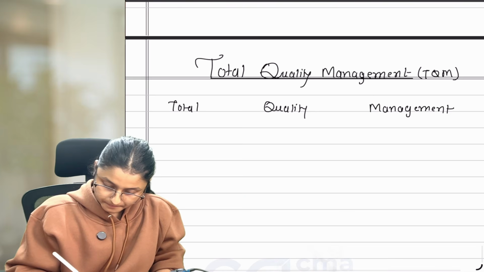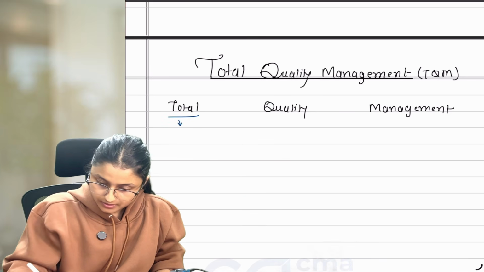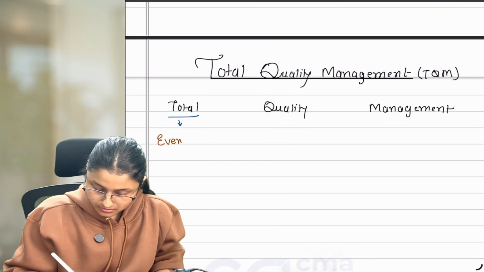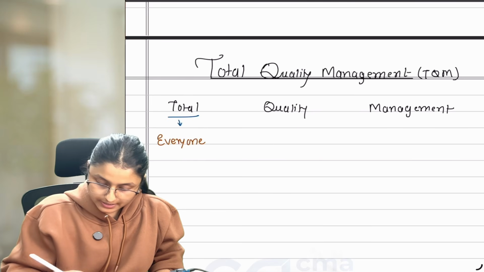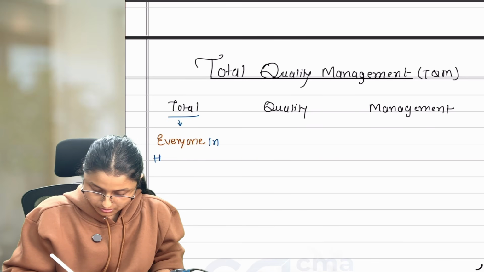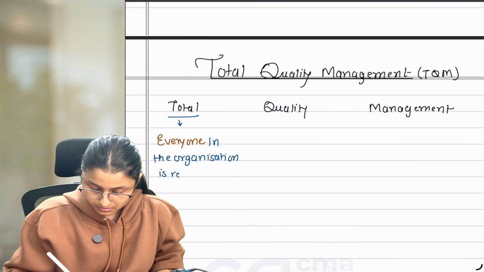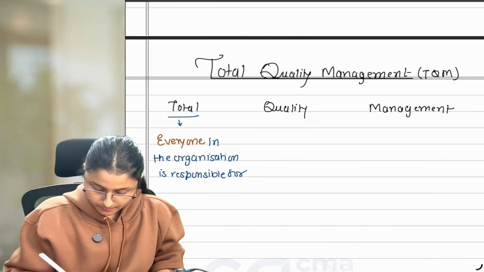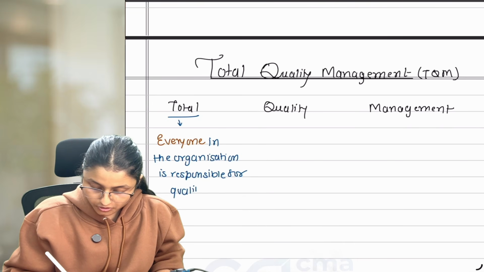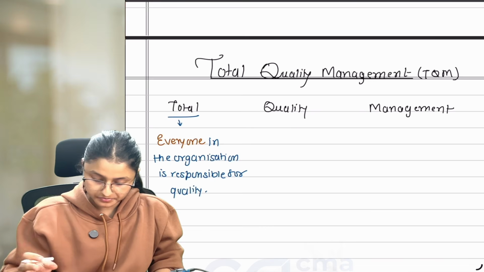Now, total is everyone in the organization is responsible for quality. It's not the responsibility of only one person or one department.